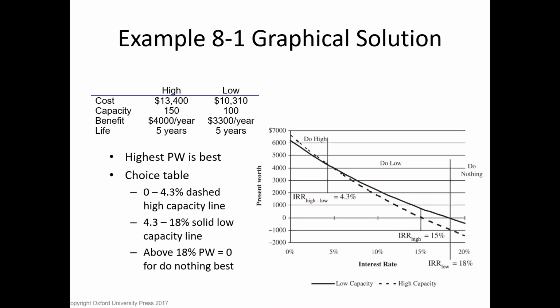So the highest present worth or value, PW or PV, is best. So we look at the choice table, we see based on the graph, we graph this data essentially, right? We calculate the IRR. And we create a choice table.